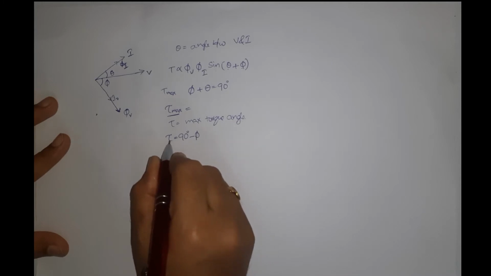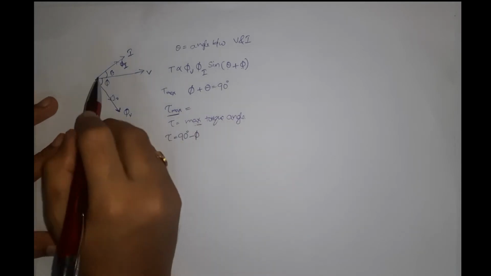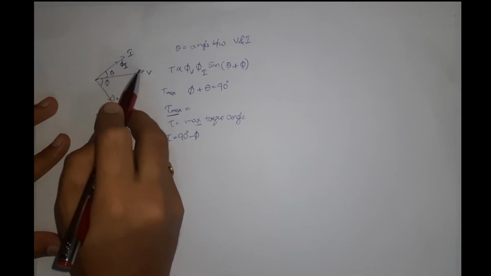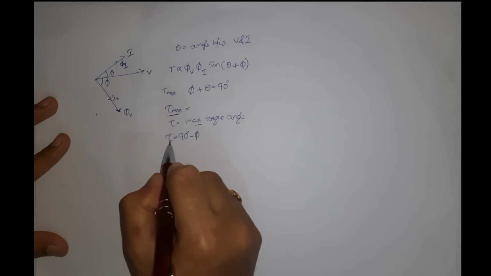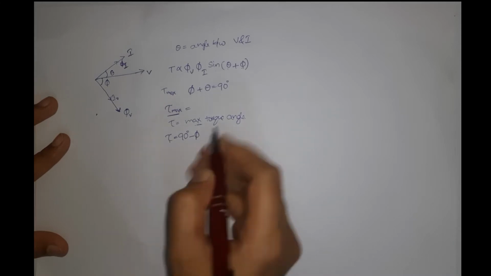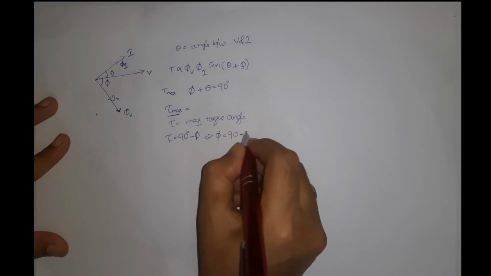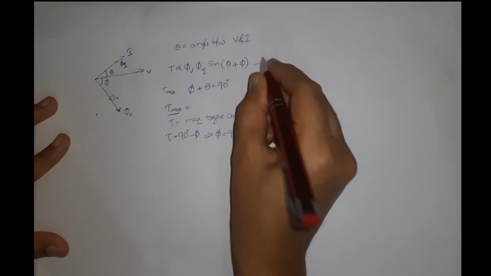So tau is nothing but 90 degrees minus phi. Why? Because tau is the angle between V and I at maximum torque, that is theta at maximum torque. So tau is 90 degrees minus phi, which implies phi is 90 minus tau. Let me take it as equation number 1.